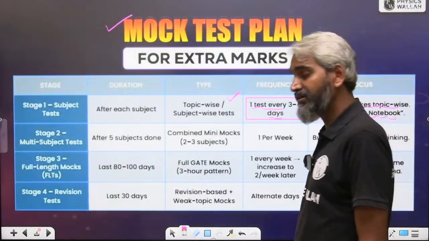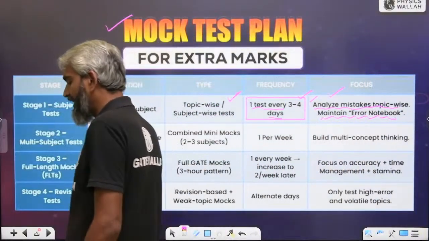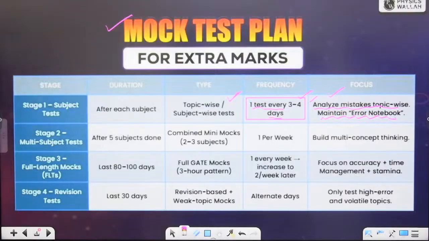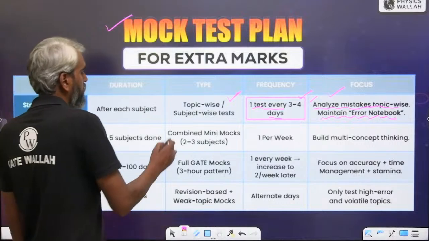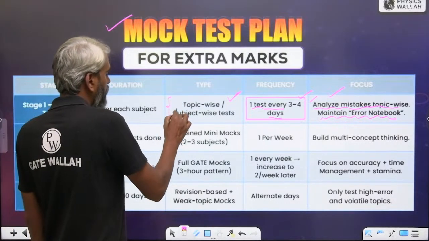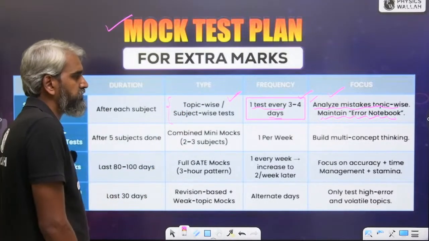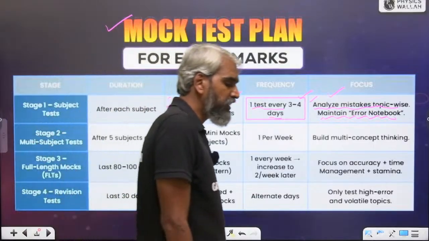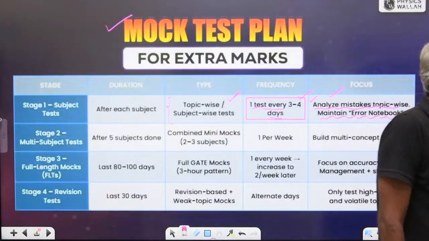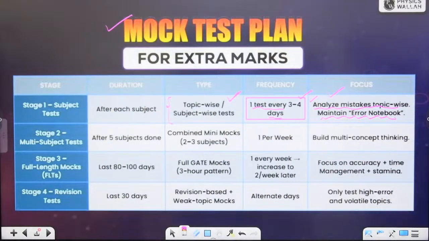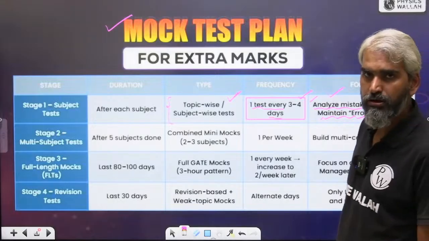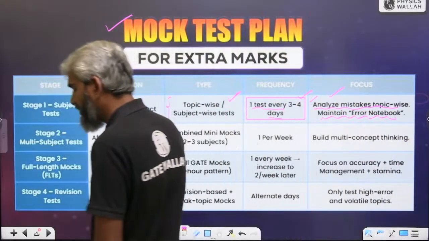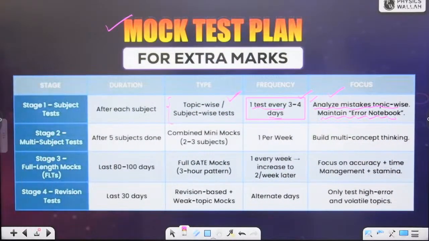And also analyze what type of questions you were not able to solve. If you give 3 to 4 mock tests of the same subject, and there is any topic from which you are not able to solve any question in those tests, then definitely you need to work again on that particular topic.